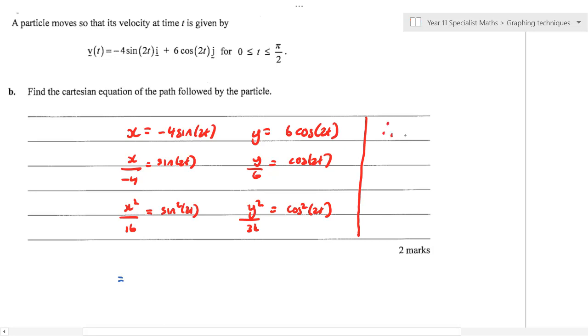So we can say that x squared on 16 plus y squared on 36 is equal to 1. Since, as I explained, cos squared of 2t plus sine squared of 2t, these show that questions you need to show clearly.